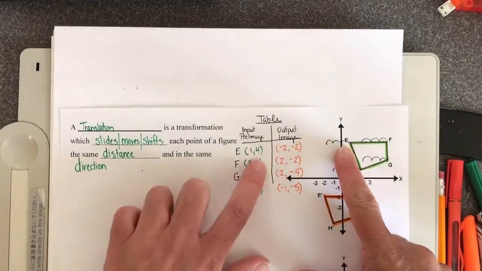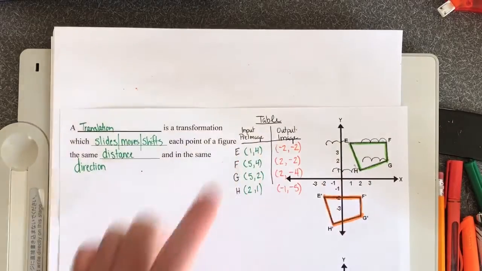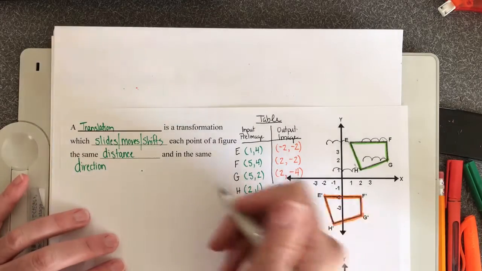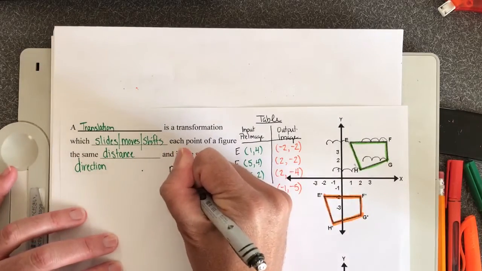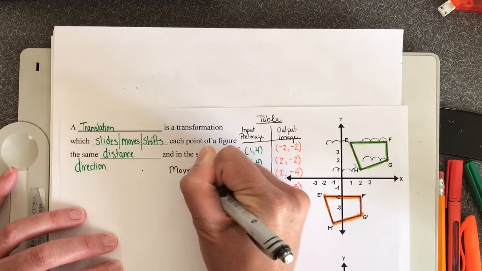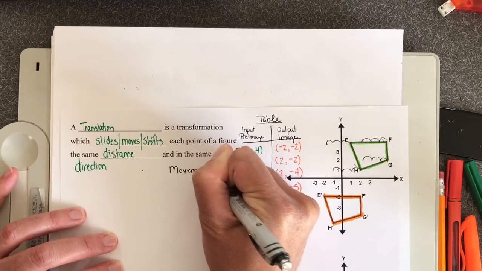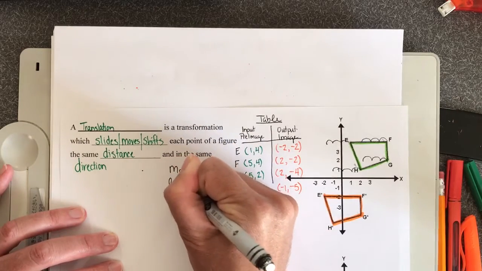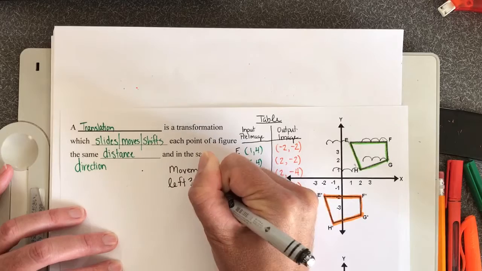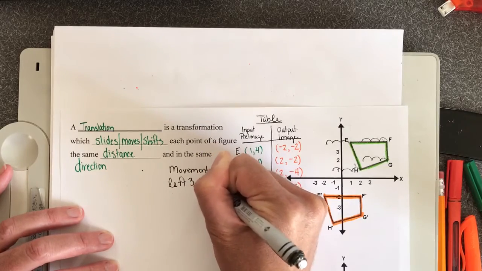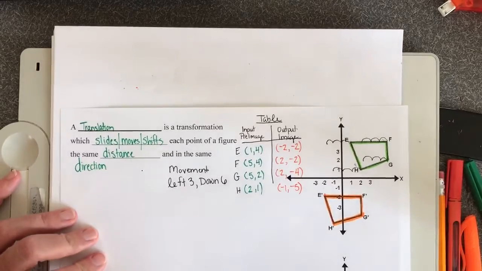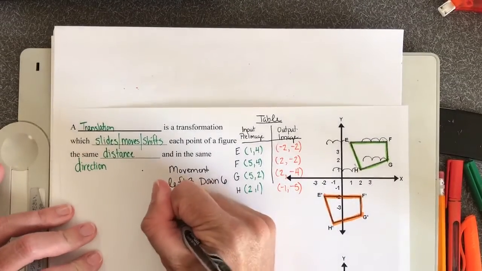If E was at 4 and went to -2, indeed we went down 6. So let's write that verbal rule. Our movement is left 3, down 6.